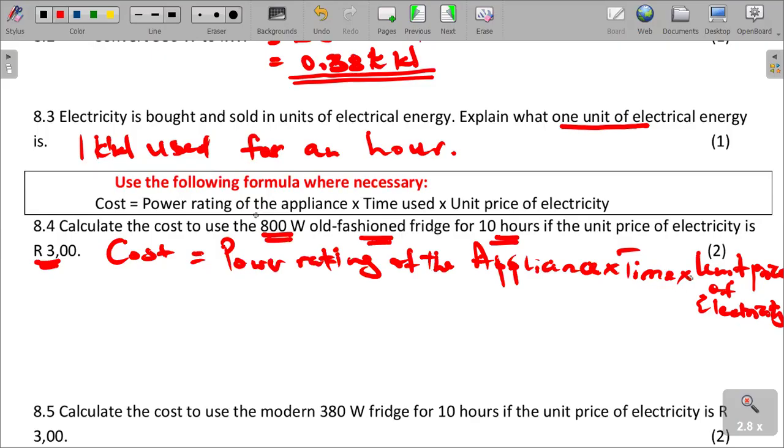That is how we calculate the cost of electricity.